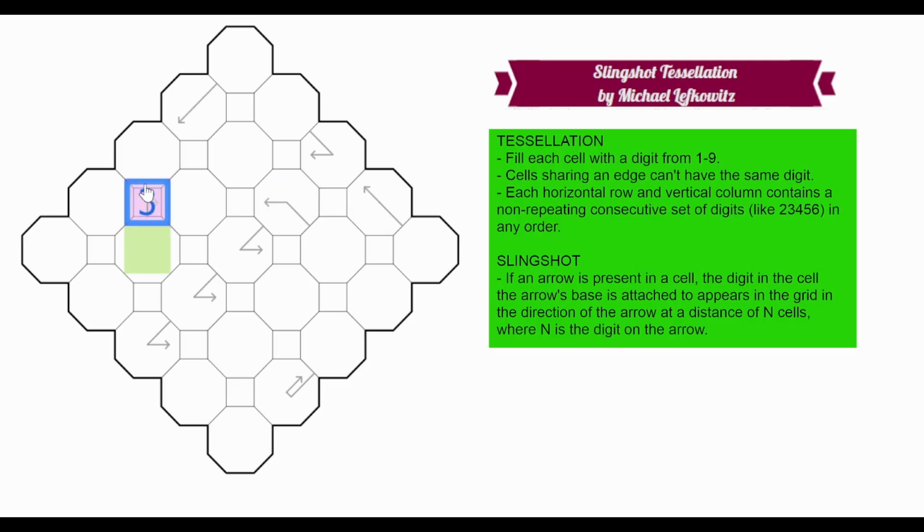So say if this is 3, then whatever goes in this green cell is going to be repeated 1, 2, 3, three cells away. Or for instance, if we had 4, then the green cell would be repeated 1, 2, 3, 4. And those cells would have to be the same, like 1 or 1, for instance, whatever it is. So, those are the rules of the puzzle.